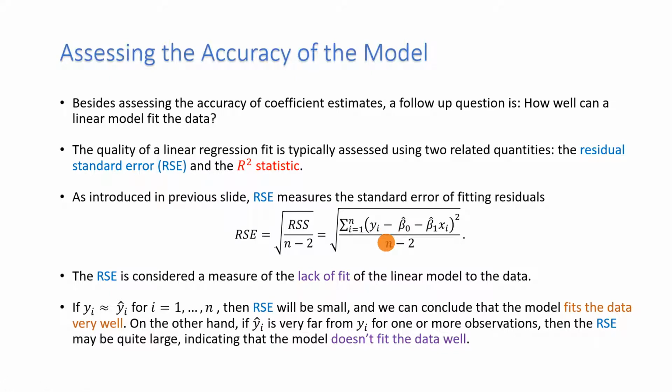You can think that for a data set of size n, if you use only half of your random sample to fit a linear model, which means you are fitting with a sample size of n divided by 2 instead of n itself, then when you calculate the residual sum of squares, the summation runs only from i equals 1 to n divided by 2.